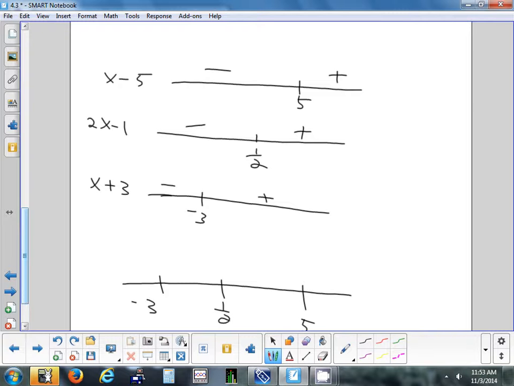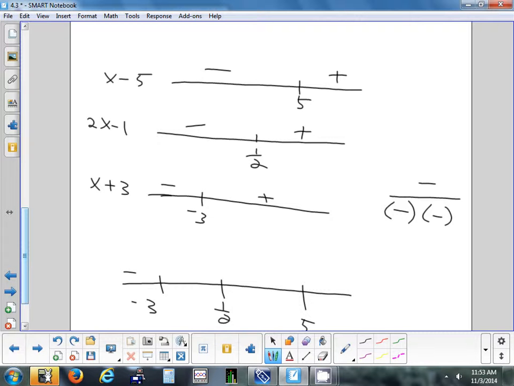Less than negative 3, you're going to get a negative on the top, negative on the bottom, and another negative on the bottom. So negative divided by negative times negative. What would that come out to? Yeah, that would be a negative.